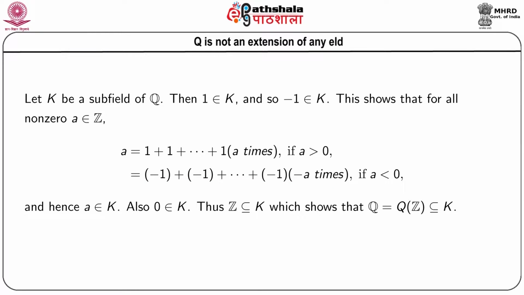This shows that whatever the non-zero integer A may be, A always belongs to K, also 0 belongs to K. Thus, Z becomes a subset of K, which implies that the field of all rational numbers Q, which is the quotient field of Z, becomes a subset of K. Also, K is a subset of Q, thus K becomes identical with Q.